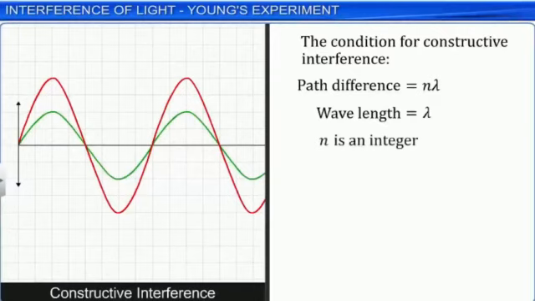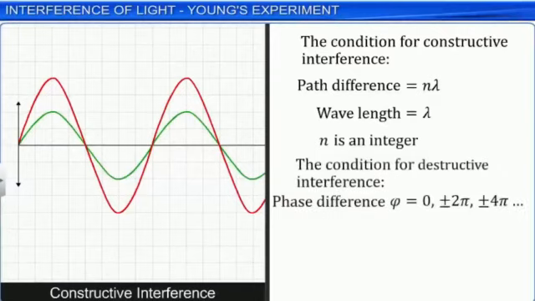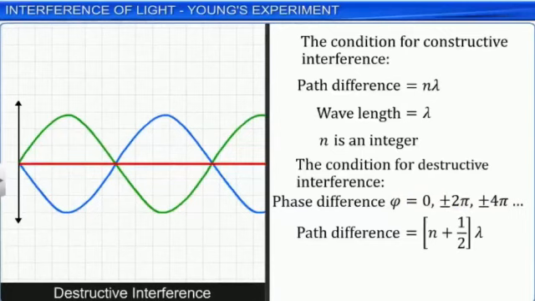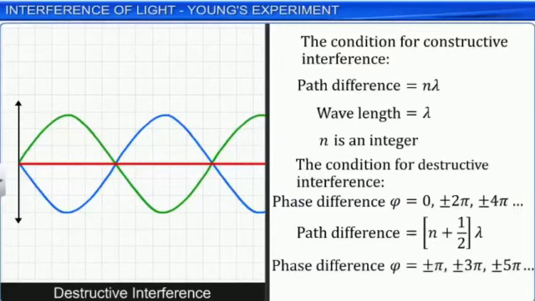In terms of the phase difference phi, the condition for constructive interference is given by phi equal to 0, plus or minus 2 pi, or plus or minus 4 pi, etc. And for destructive interference, the path difference is (n plus half) into lambda, or the phase difference phi is equal to plus or minus pi, or plus or minus 3 pi, or plus or minus 5 pi, and so on.